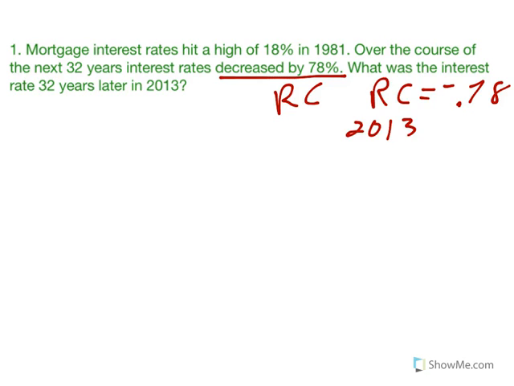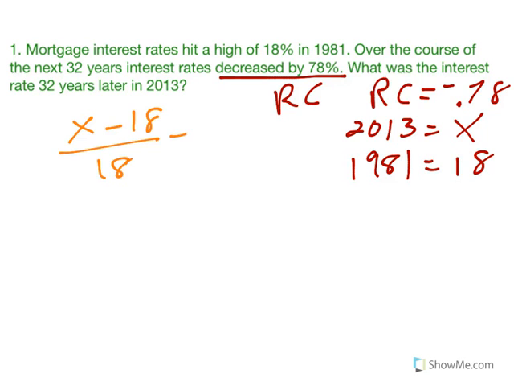Well, 2013 is new. I don't know what that is, but I know 1981, which is old, is 18%. So when I go into my new minus old, I'm going to move that over a little bit. New minus old divided by old equals negative 0.78.